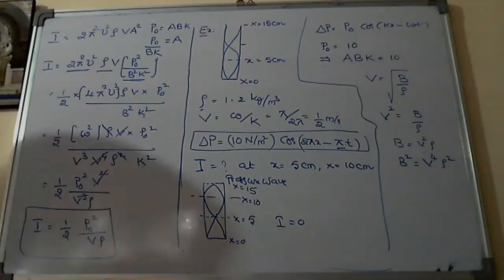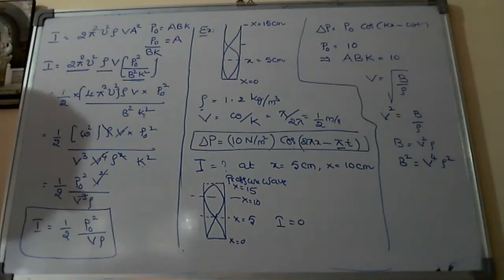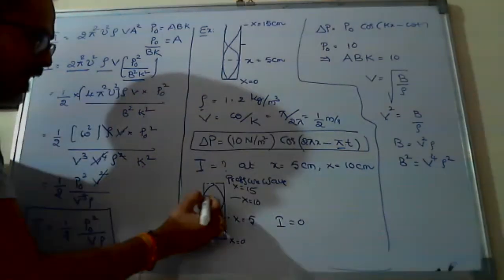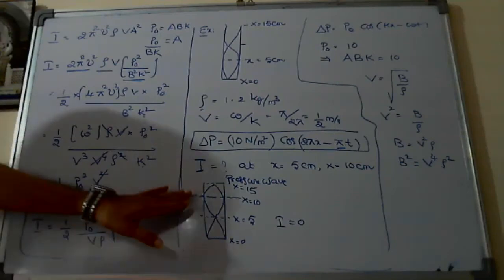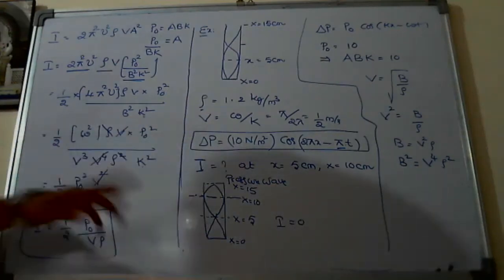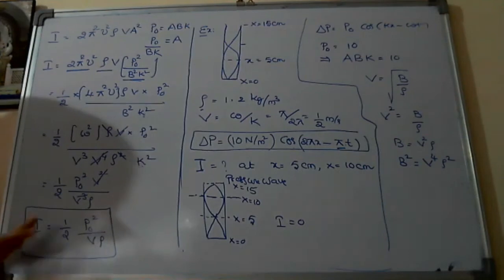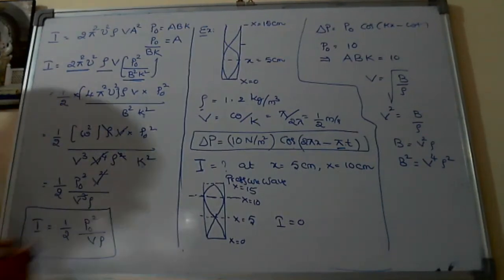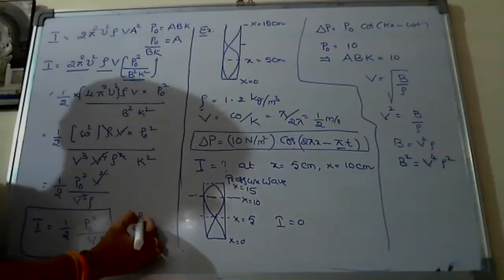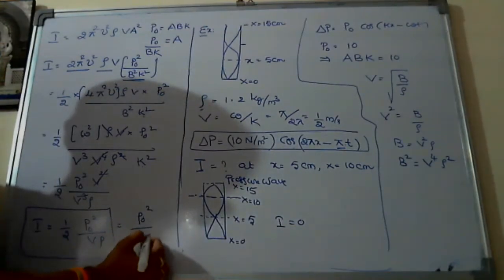At x is equal to 10 centimeters, now I am getting an antinode here, a pressure antinode. Pressure becomes maximum, then the intensity at that point is equal to, we got this equation, P naught squared by 2V rho.